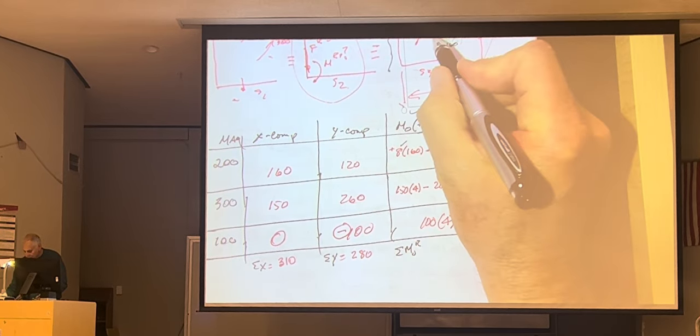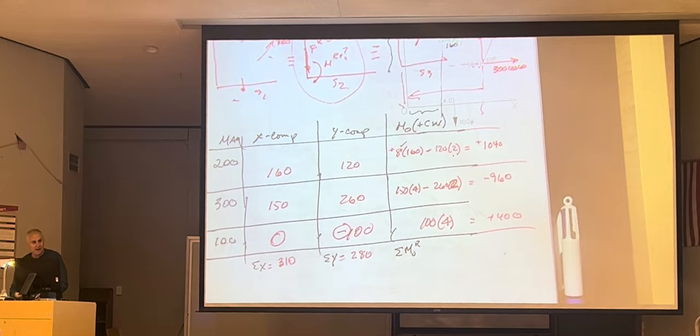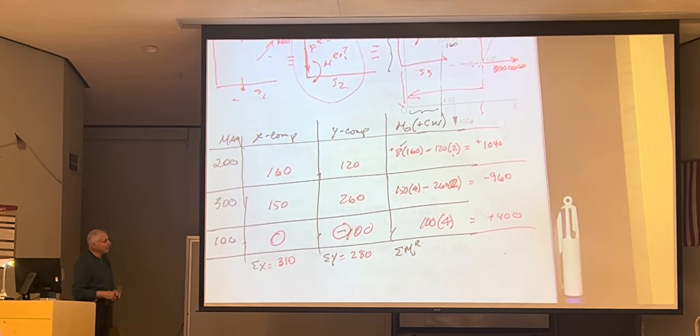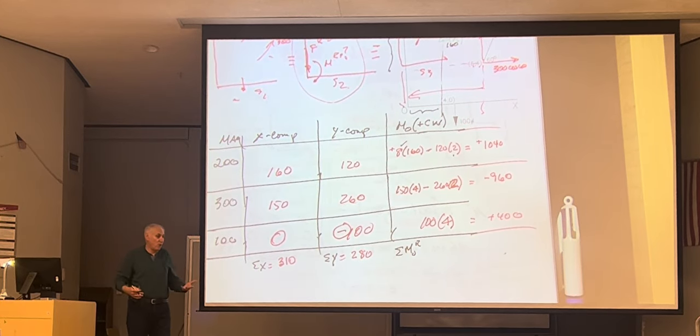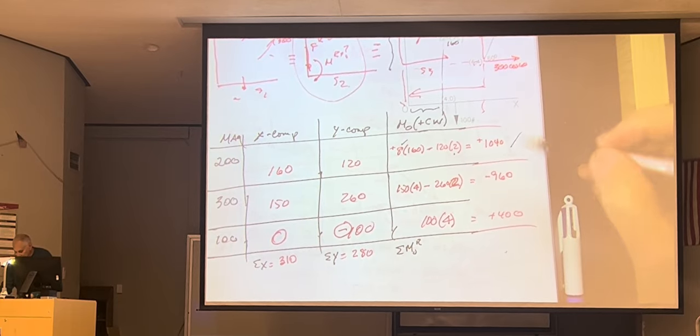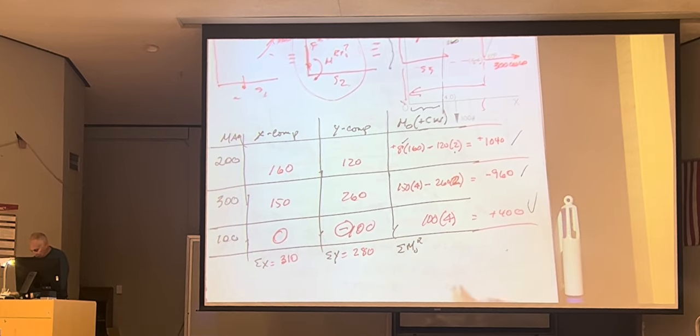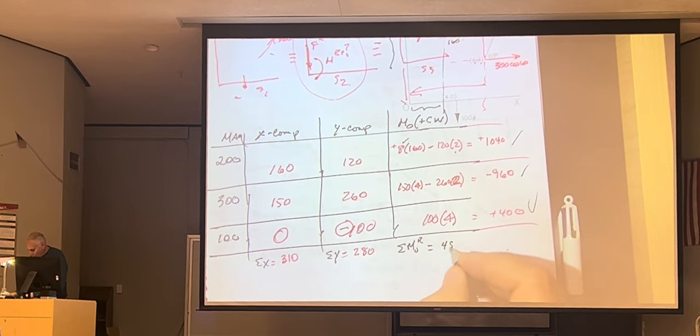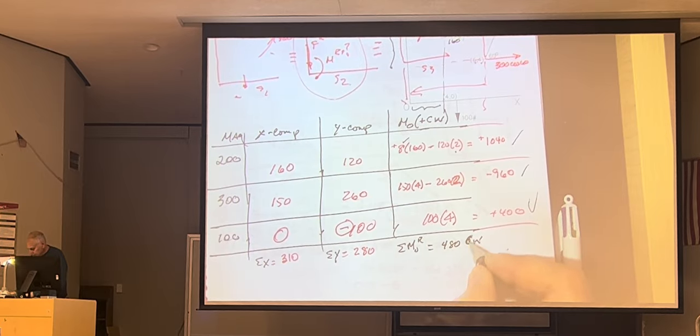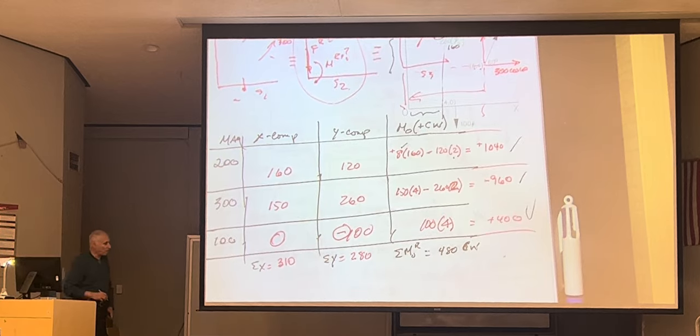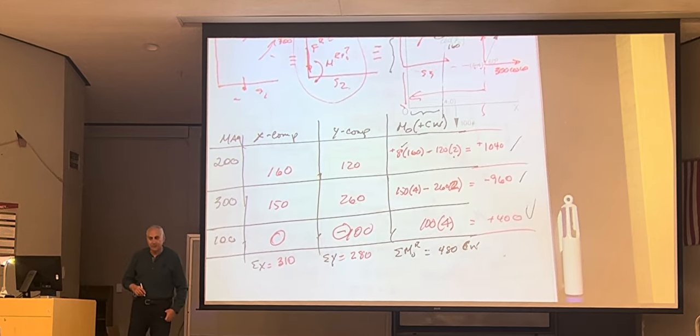That distance is the 2, which is the x value. Agreed? That's where I'm getting these numbers from. So if I sum this, this, and this, I'm going to get 480 clockwise.